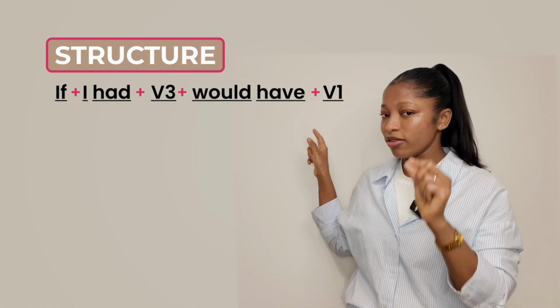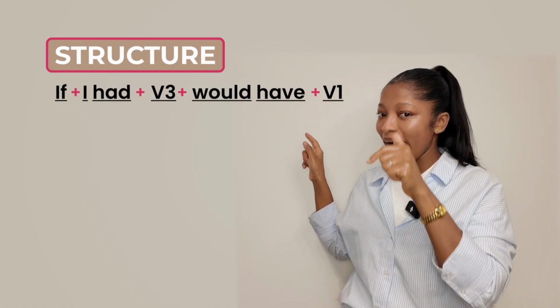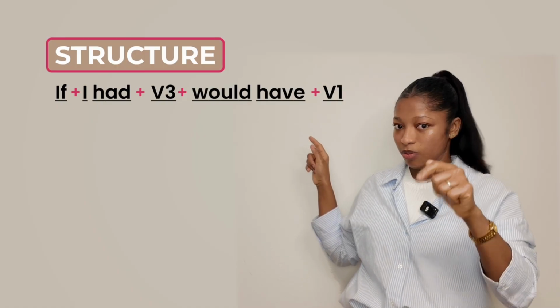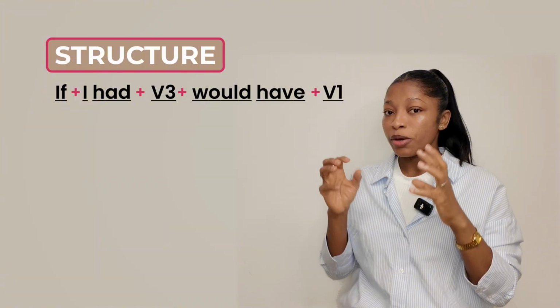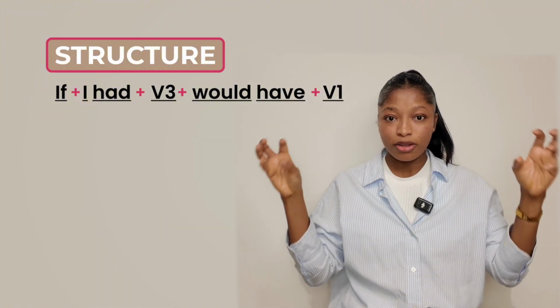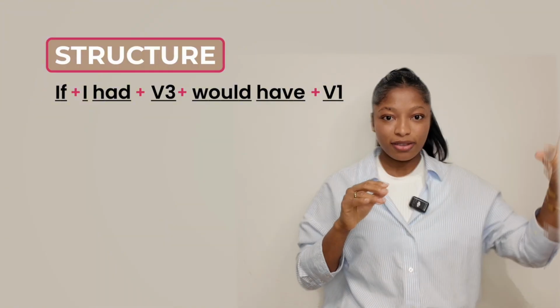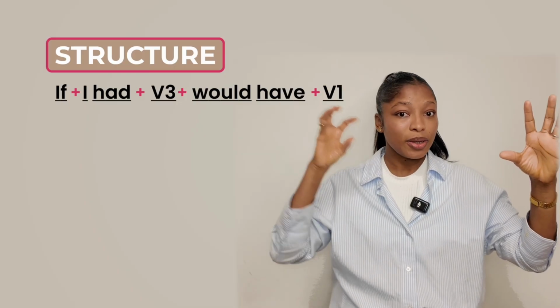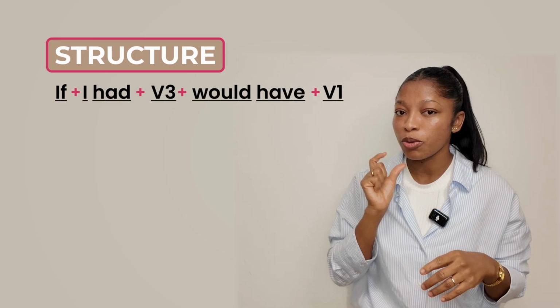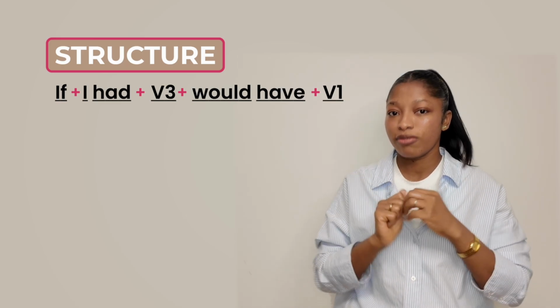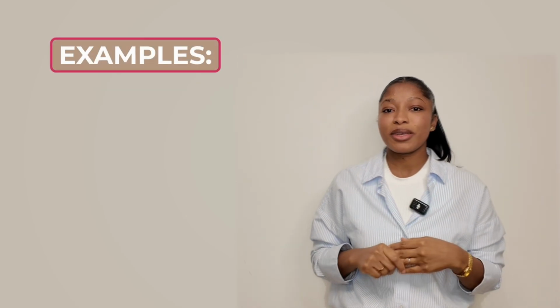Remember, base form of the verb, not the past form or the past participle. We use the base form of the verb because we're mixing two different times together, the past and the present. That's why in the main clause we use the base form of the verb, which is the first form of the verb.